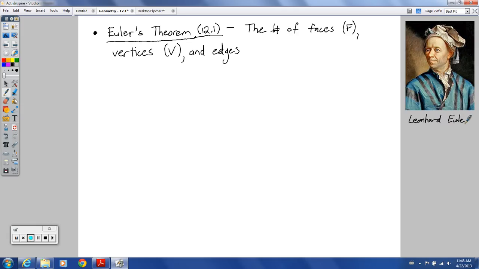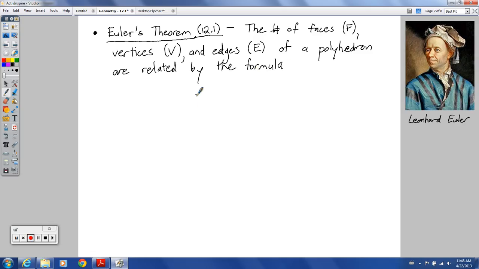This is Leonard Euler right there. Edges, E, of a polyhedron are related by this formula: F plus V equals E plus 2.